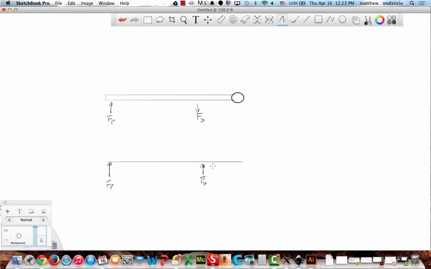Where's the other? Oh, I'm sorry, I screwed that up. Where's that force? At the hinge. There's another force at the hinge. Call it force hinge. Do I know what direction that force is going? I don't, but I can have you solve for it.